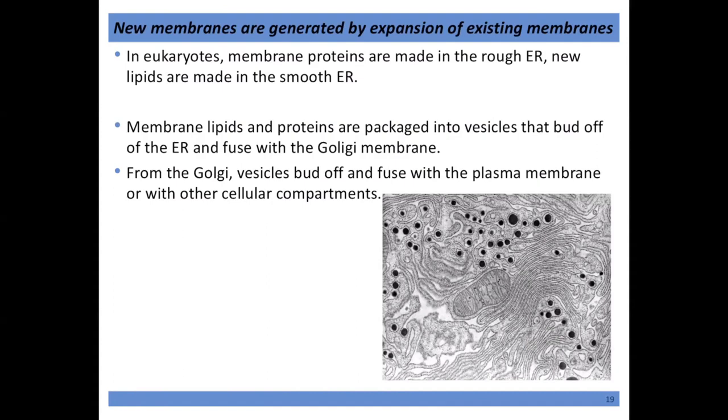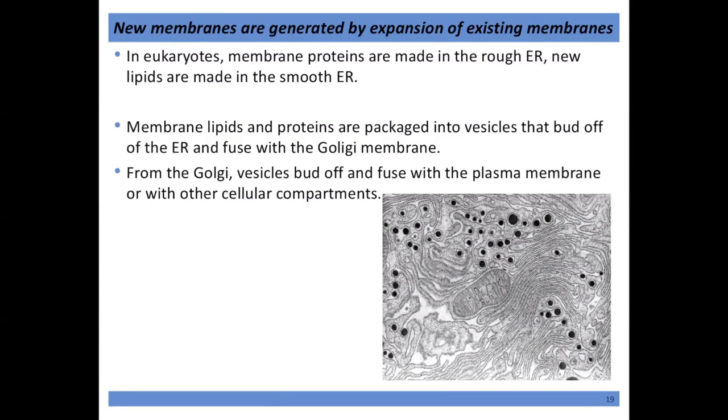Membrane lipids and proteins are packed into vesicles that bud off of the endoplasmic reticulum and fuse with the Golgi membrane. Then they bud off and fuse again, and eventually make their way to the plasma membrane. We'll see that a little bit later.